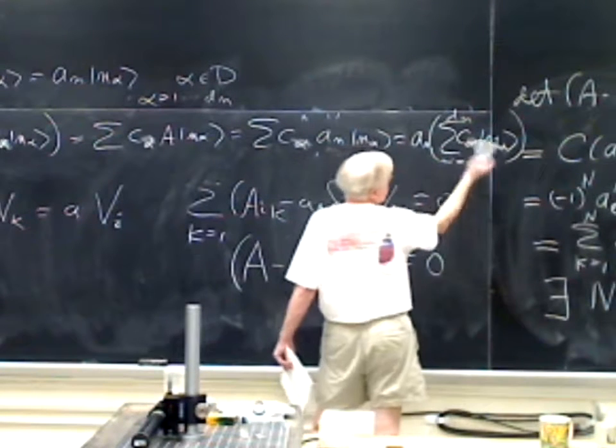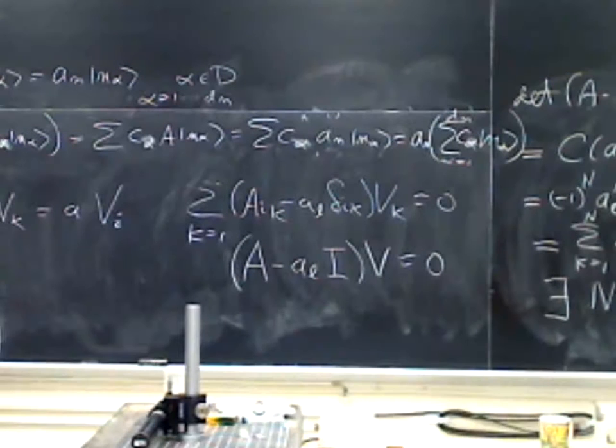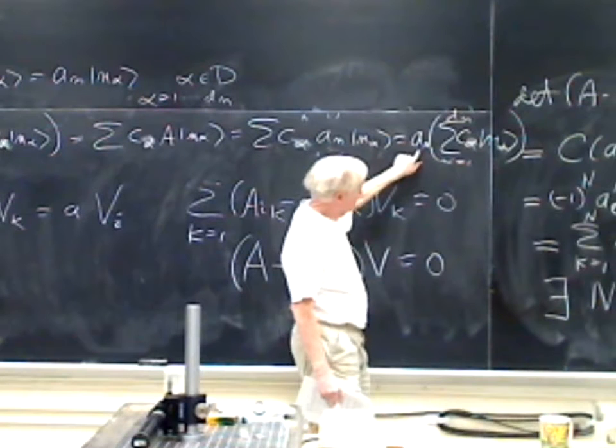So whatever the c's are, any non-trivial linear combination of states |n, α⟩ will be an eigenvector of the Hermitian operator A with this real eigenvalue A_n.